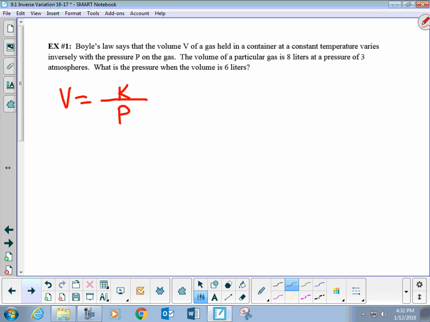Now the volume of a particular gas is 8 liters at a pressure of 3 pounds. With that information, all of this stuff is a point, in this case (3, 8), and it allows us to calculate k. 8 times 3, k is 24.